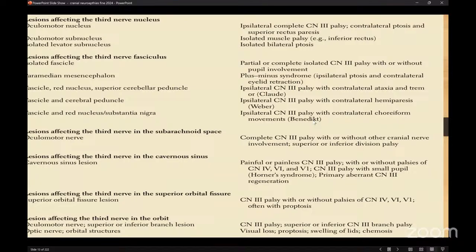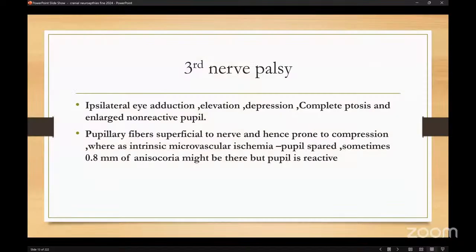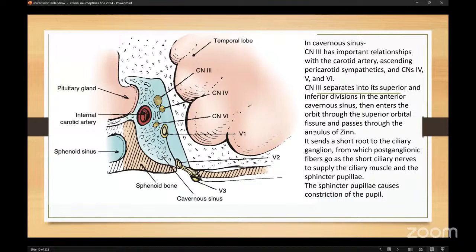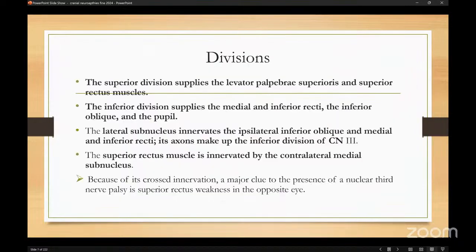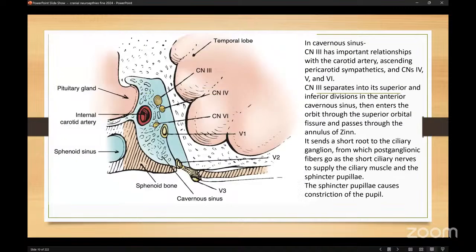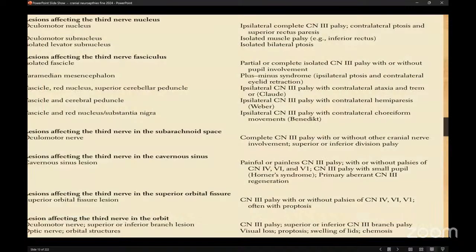But third nerve with contralateral chorea because of involvement of the red nucleus over here is going to give rise to Benedict syndrome. That is third nerve and contralateral chorea. And if there is third nerve and contralateral ataxia, that is Claude syndrome because of involvement of the superior cerebellar peduncle.